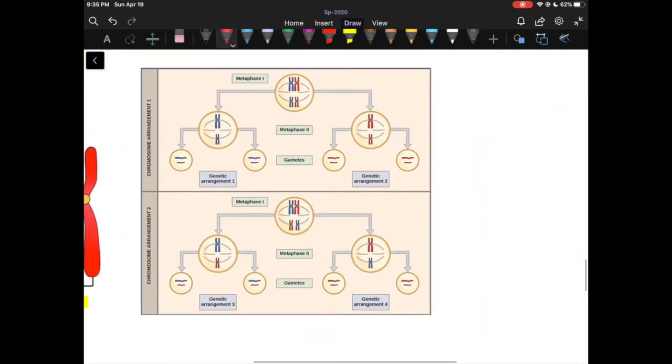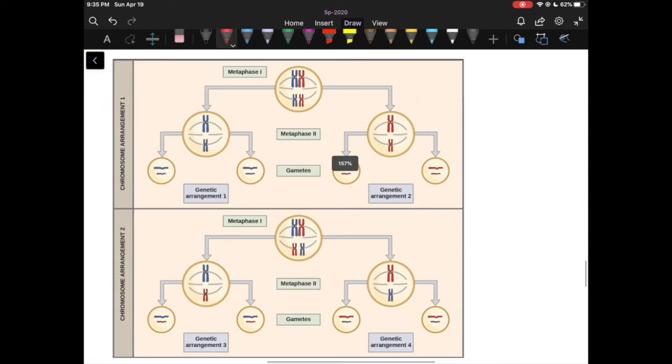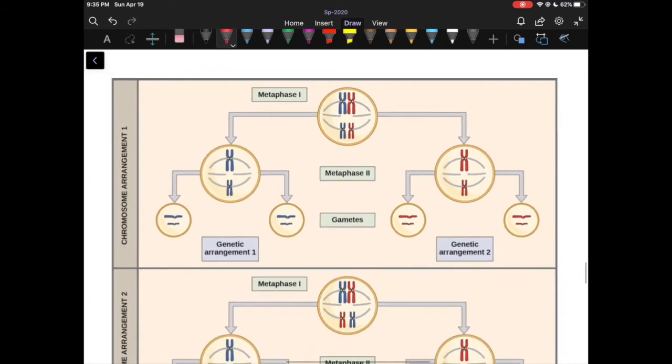Okay, so let's look at a diagram that illustrates independent random assortment a little better, over here to the right. Independent random assortment is basically where we get a variety of arrangements that the chromosomes can be in when they line up in the middle. So let's look at this one at the top here.